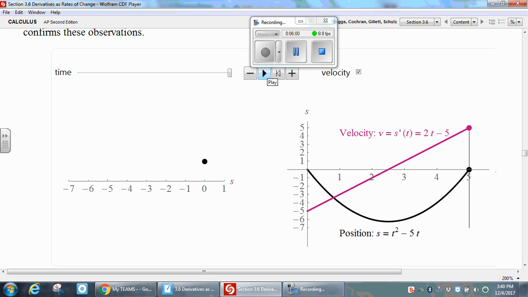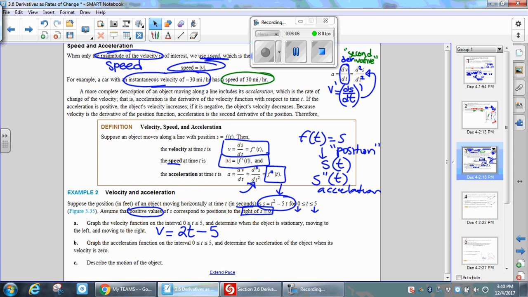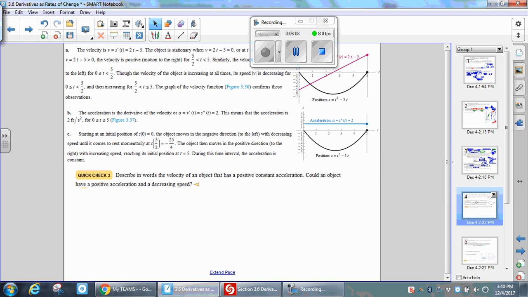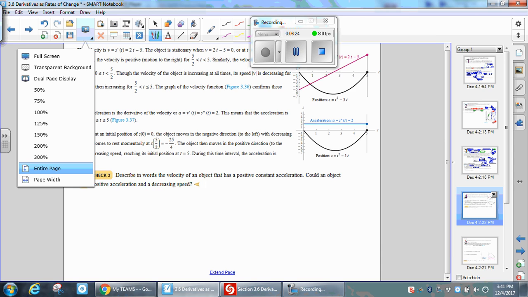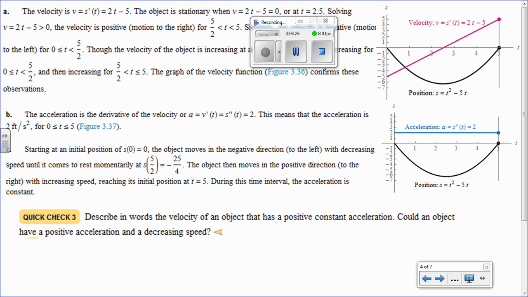Okay. Now, how we would find that algebraically is very simple. We take the derivative. On your slides, I actually copied the answers from the textbook because I wanted to focus more on showing you the animations. So you can see right there.